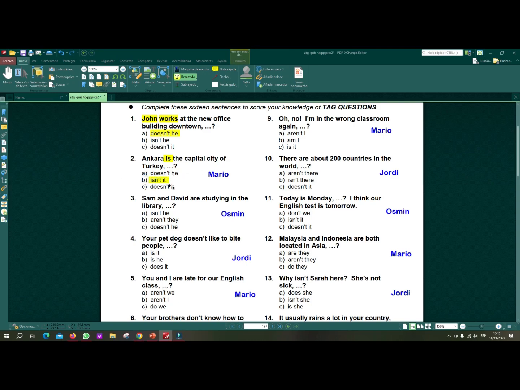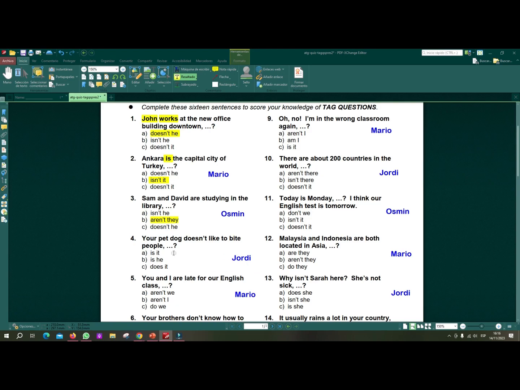So, isn't it? Right? Okay. That will be letter B. Nice. Mr. Ming, number 3. Okay. Read. Sam and Ruby are standing in the library. Aren't they? Yes. Letter B. Right? In the library, Mr. Osman. That will be excellent.